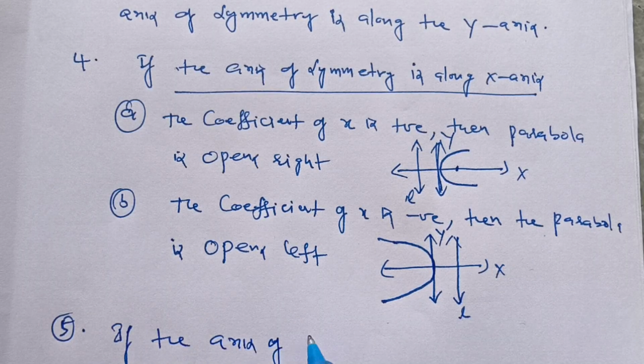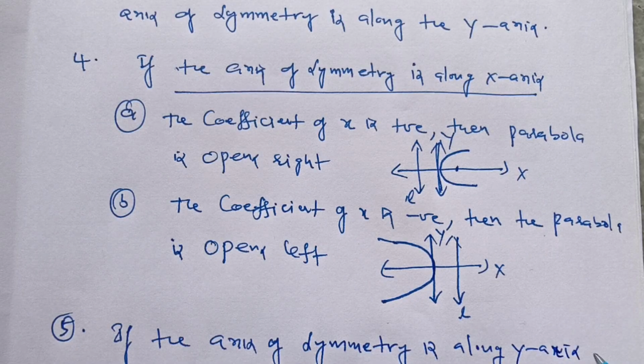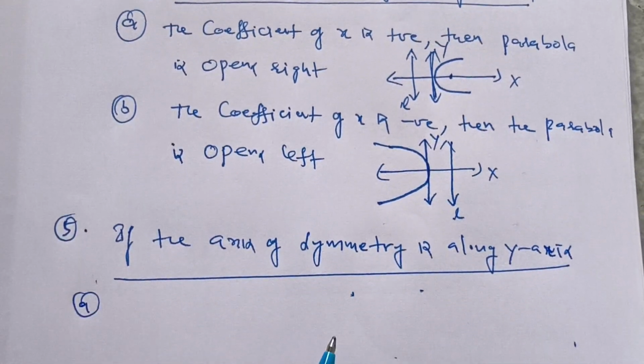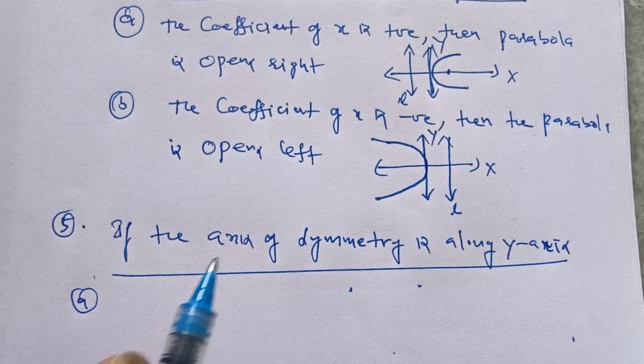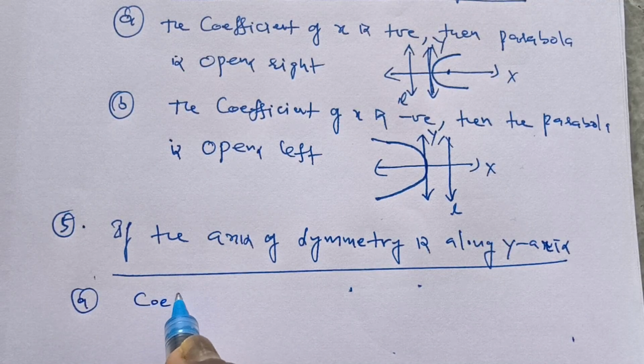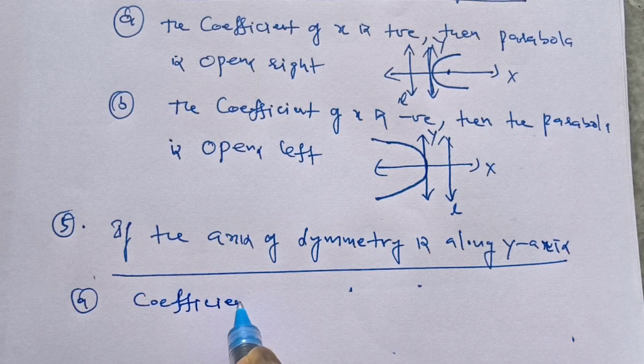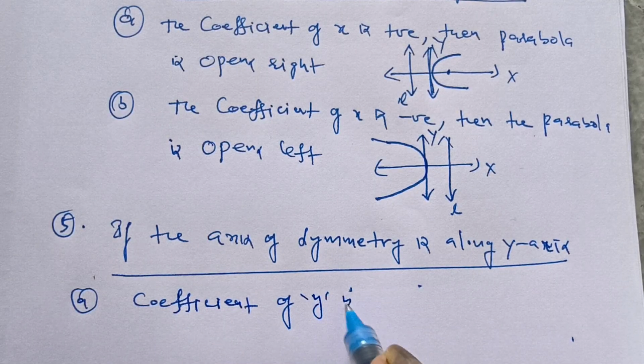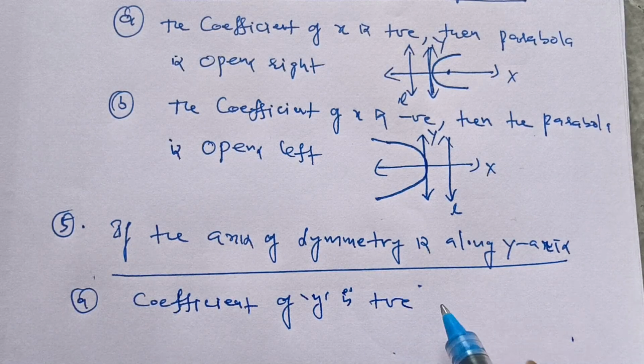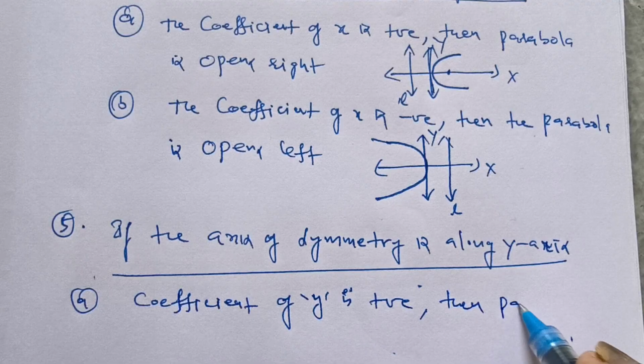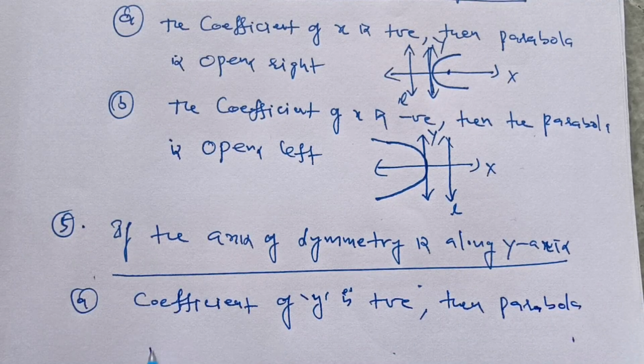If the axis of symmetry is along the y-axis: first point, the coefficient of y is positive, then the parabola opens upward.